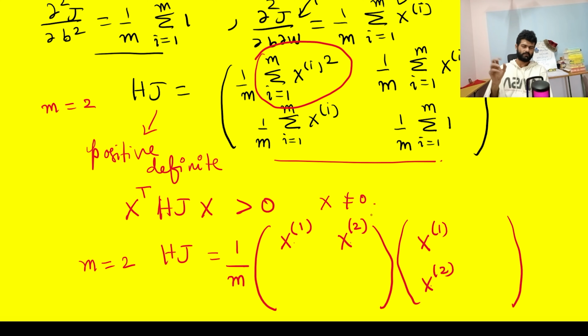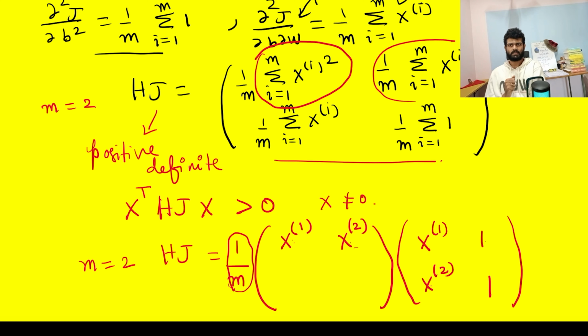So that will give you this particular quantity here, right? You're getting that first one, because 1/m is here. 1/m is here. So that's good. If you know matrix multiplication, then this is pretty easy. So I think this should be 1, 1. So x1 times 1 is x1, x2 times 1 is x2. When you multiply and then add them, x1 plus x2, that is basically the second term here.